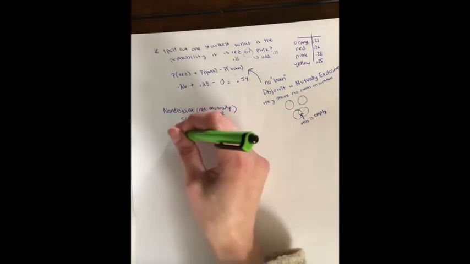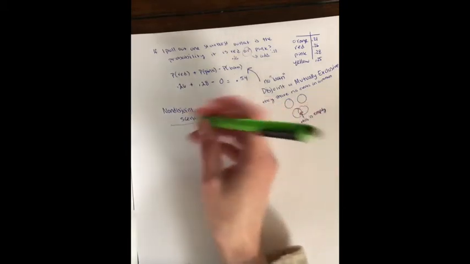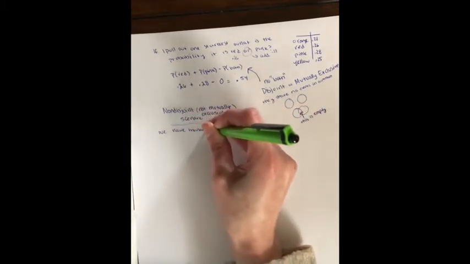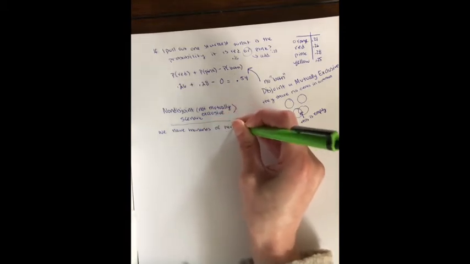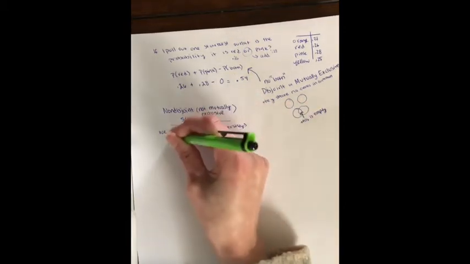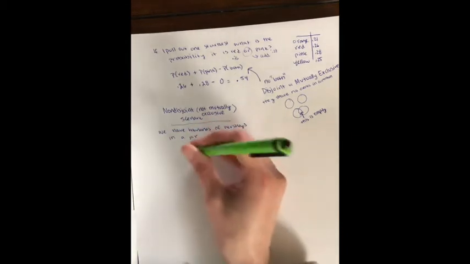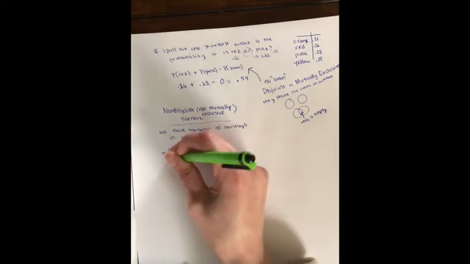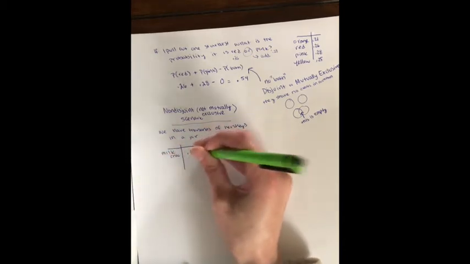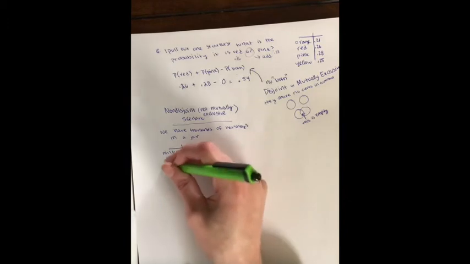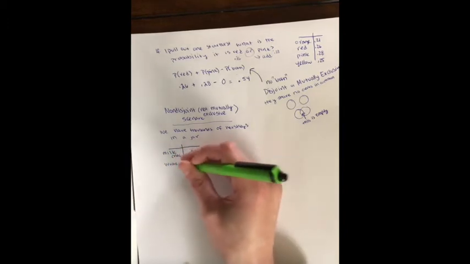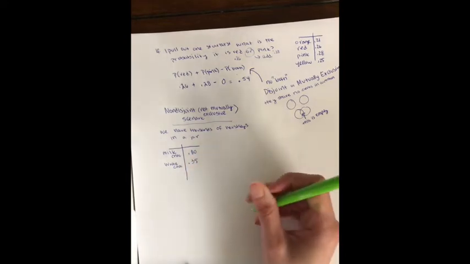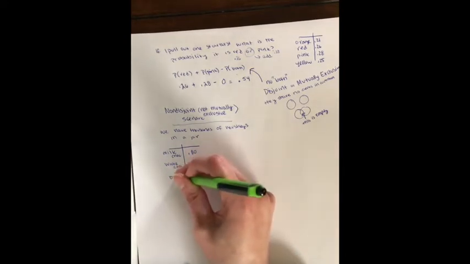So let's say we have a giant jar of Hershey's. So we have thousands of Hershey's in a jar. And I tell you that 80% of this jar is milk chocolate. Okay, 35% is white chocolate. And 25% is both.